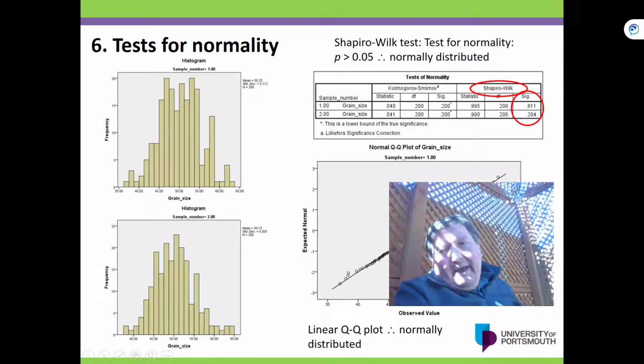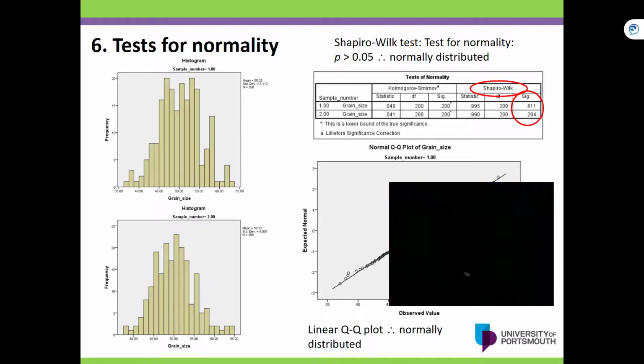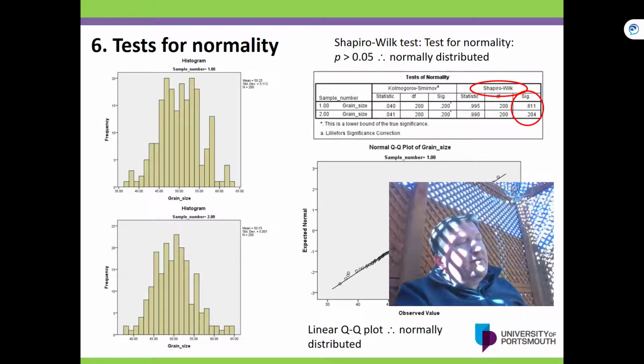And we have a value, if you look at the circled area, of 0.811 for group 1, and for group 2 we have a value of 0.204. So these are p-values, and we can see that the p-value is greater than our alpha value of 0.05. So we can say there's no significant difference, meaning no deviation from what you'd expect from a normal distribution.